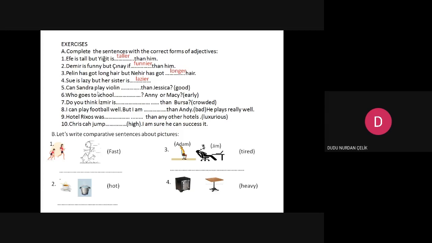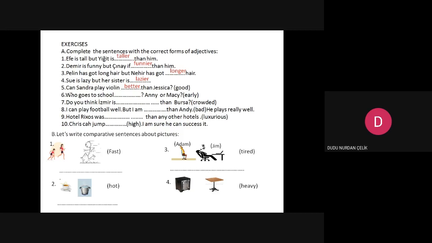Sandra can play the violin than Jessica? We have the adjective good here. What can we say for good? It is irregular. Exactly true. We say better. Well done. You're going well. You're doing well.